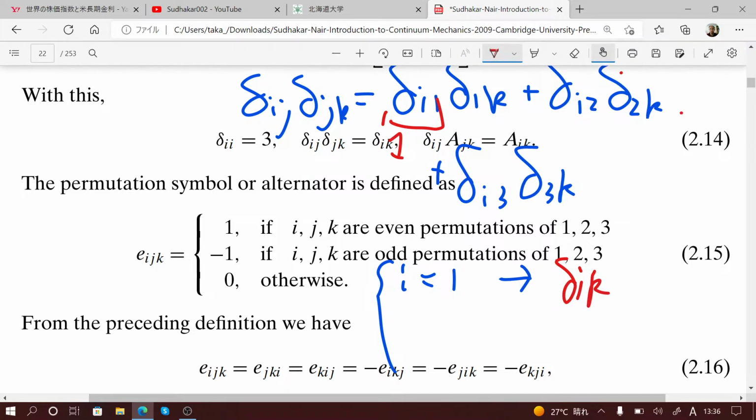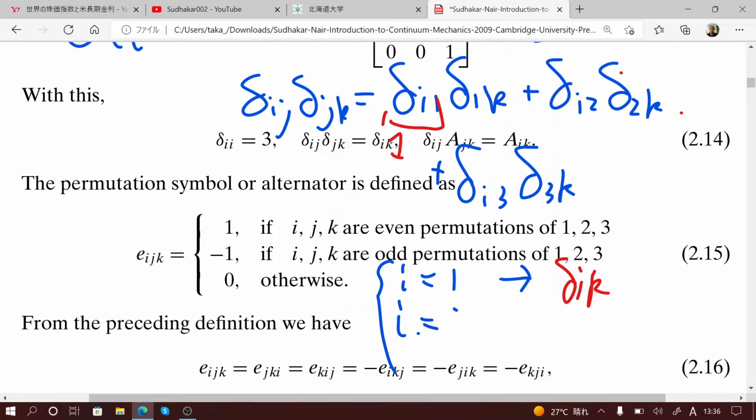If i equals 2, then delta i1 is 0 and delta i2 is 1, so we have delta 2k, which is delta ik.